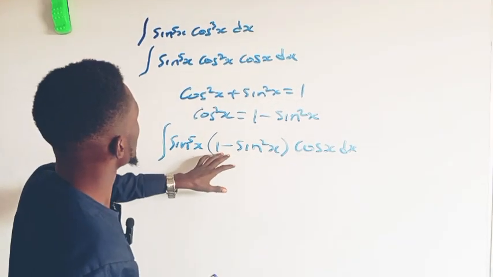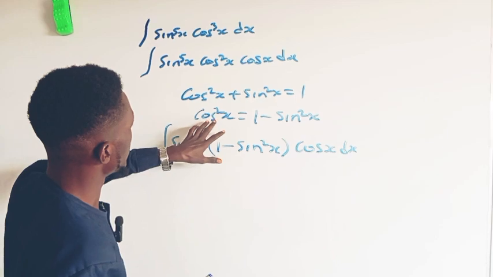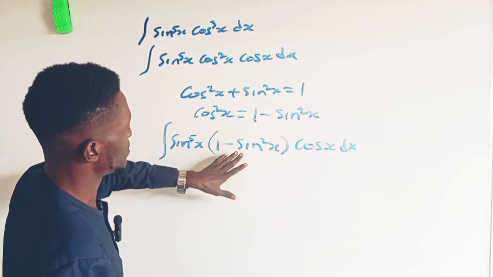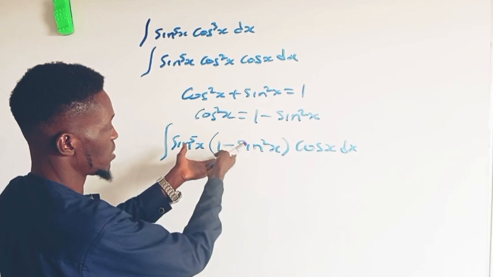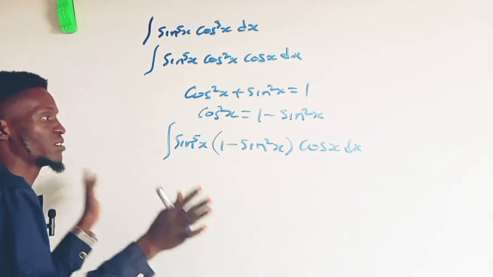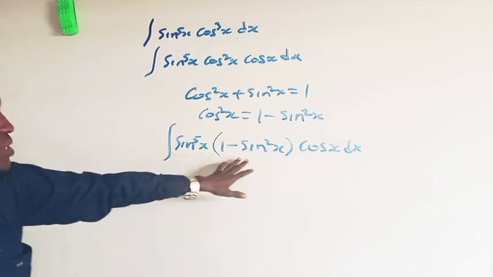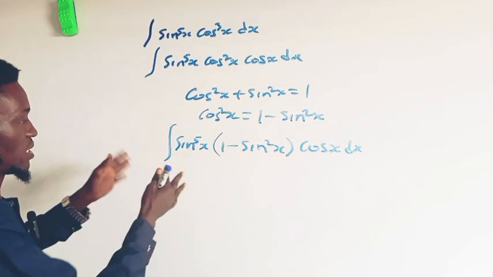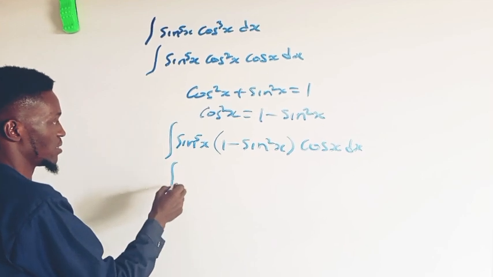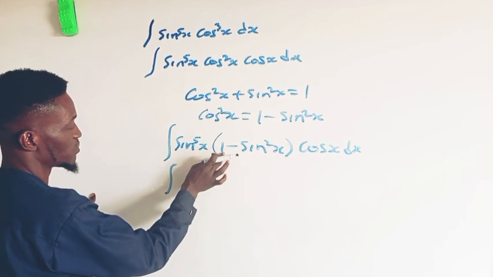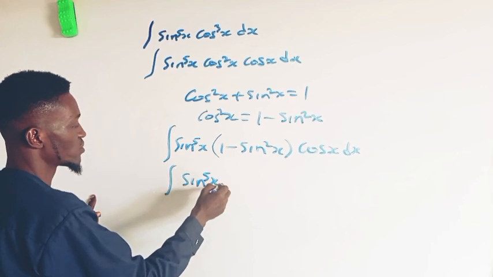So if you notice, this cos square x has been replaced with this 1 minus sine square x. So everything is working perfectly. So the only thing you can do is to multiply these terms together. This multiplied by 1 is going to remain itself.